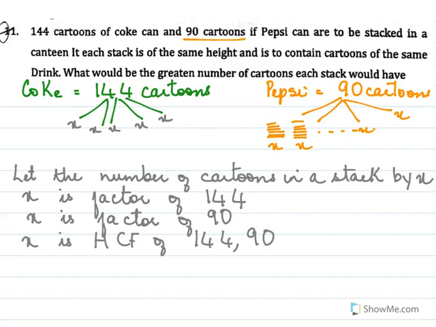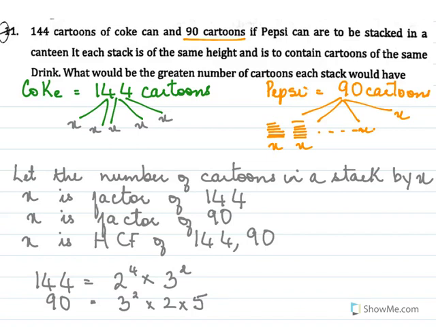To find the HCF of 144 and 90, we first need to do prime factorization. 144 can be written as 2 raised to 4 into 3 square, and 90 is 3 square into 2 into 5.